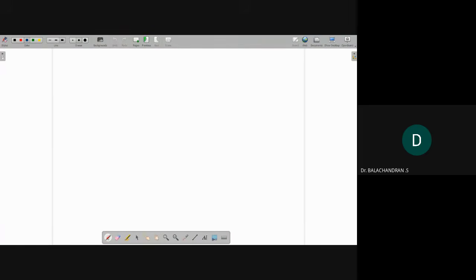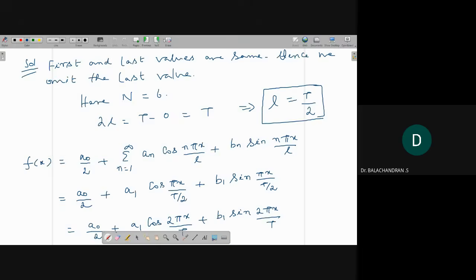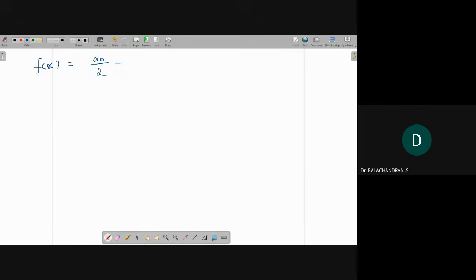So f of x is equal to a naught by 2 plus a1 cos theta plus b1 sin theta, where theta equals 2 pi x by t.